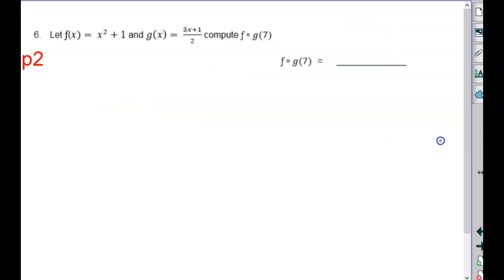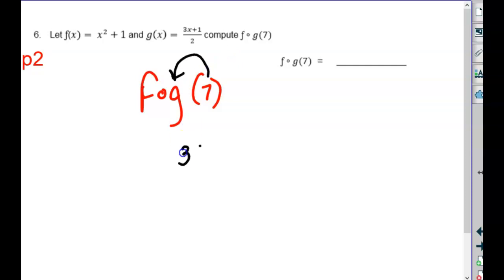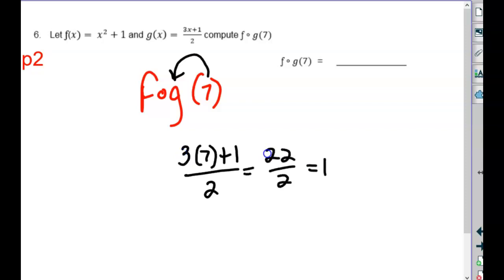All right, this is just about using function notation. Do you remember what this means, though? It doesn't mean multiply. What does this f of g mean? So we put a 7 into g. So 3 times 7 plus 1 divided by 2 is 22 divided by 2, which is 11.